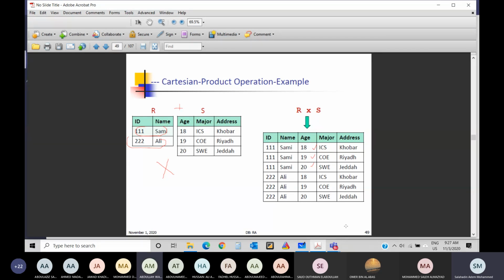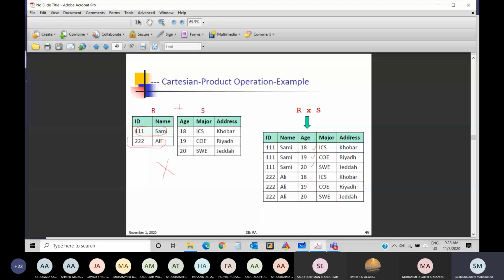Yes, please. Is it used for join? We use it during the join as an intermediate. You're right, as an intermediate. We will use it for join. Okay, but as an intermediate, because the answer that you get here is wrong. It is telling me Sami is from ICS, Sami is from COE, and Sami is from SWE.